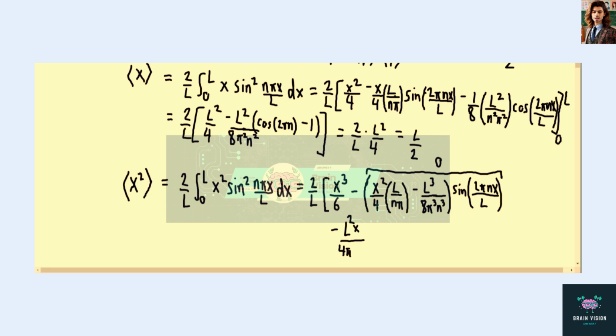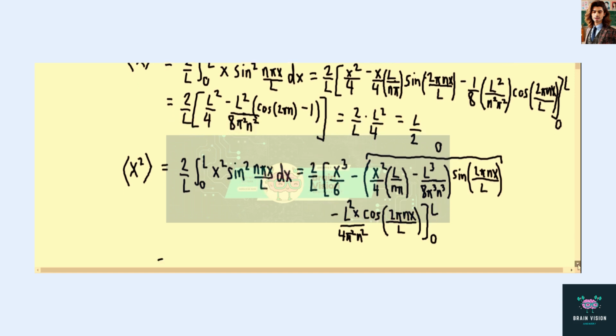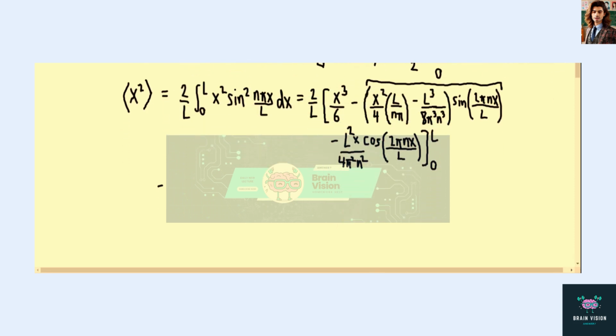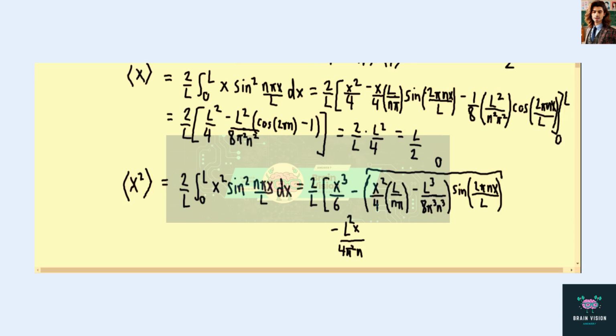You have the sine multiplying this quantity in parentheses involving x squared times L and L cubed. But because of the sine function, it's going to be 0 at x equal to 0 as well as x equal to L. And you'll know that because you have a 2 pi times n inside of the sine function. So automatically, those terms will vanish because they multiply by that sine function.